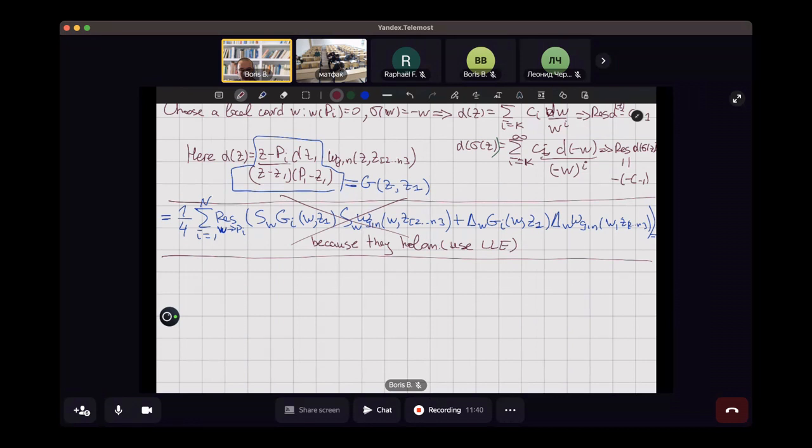So what does it mean? That this guy is holomorphic. So we have here this product. Maybe you can copy the whole equation down.